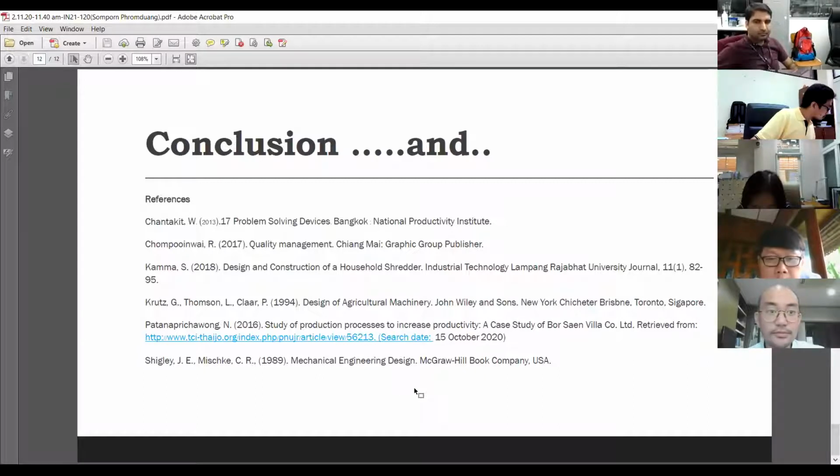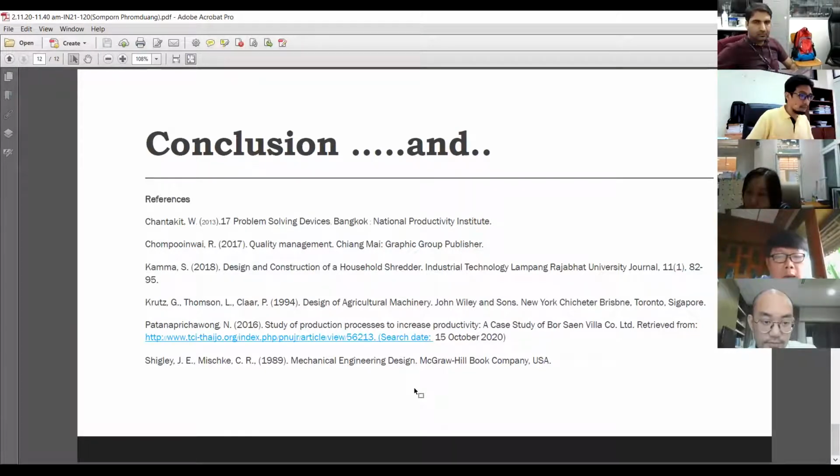I have a question. Mostly your work is about designing the mortar box. What is the relationship between the design of the mortar box and ECRS?